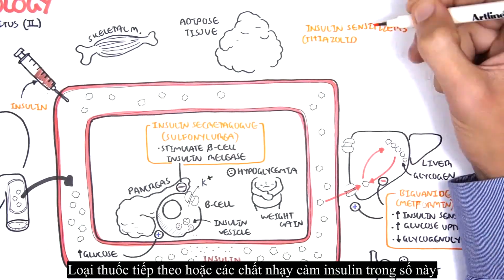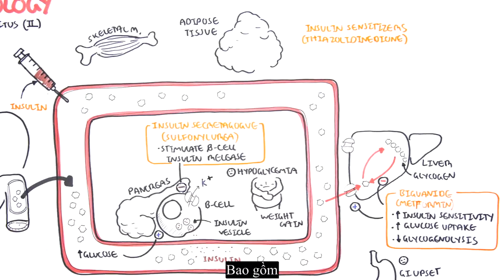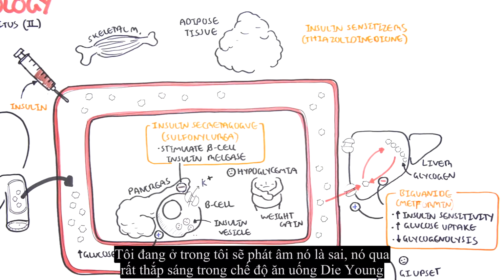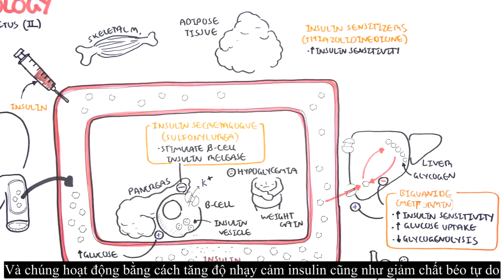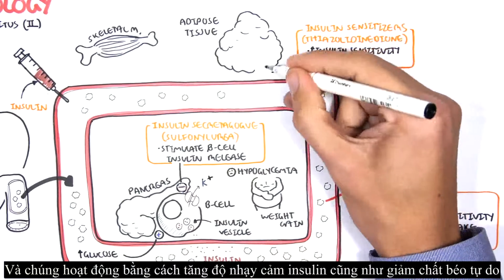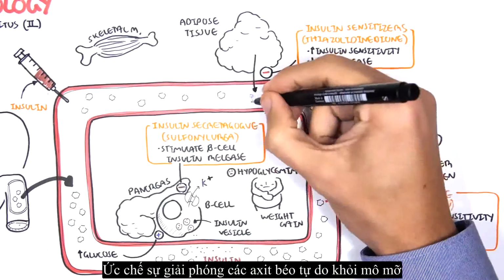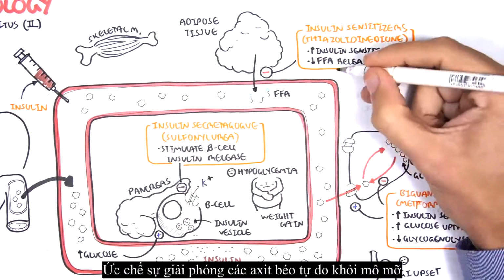The next medication are insulin sensitizers, and examples of these include, and I'm going to pronounce this wrong, thiazolidinedione, and they work by increasing insulin sensitivity, as well as decreasing free fatty acid release. They inhibit the release of free fatty acids from adipose tissue.